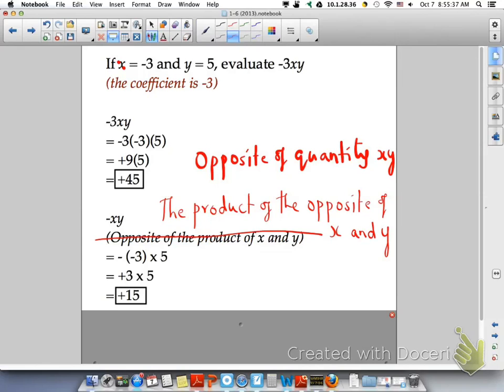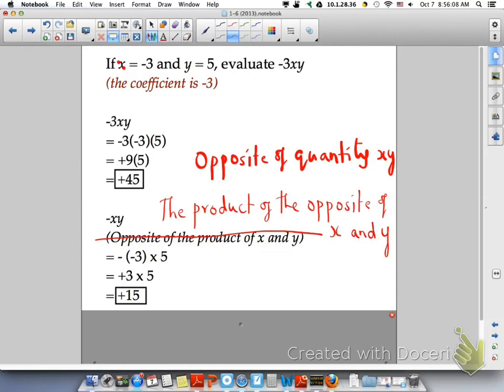Do you see a difference between this and this? What I'm implying here, whether you go by the version I wrote originally, what you're doing here is saying multiply x and y first and then find the opposite. But what we are actually saying here is the product of the opposite of x and y.